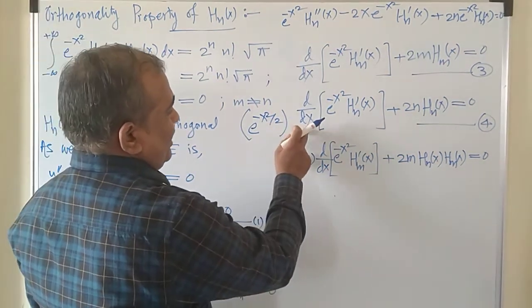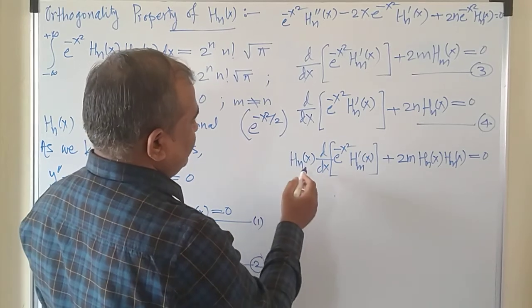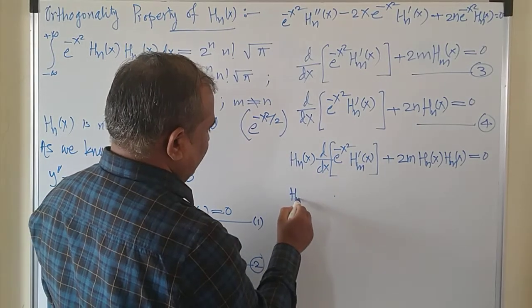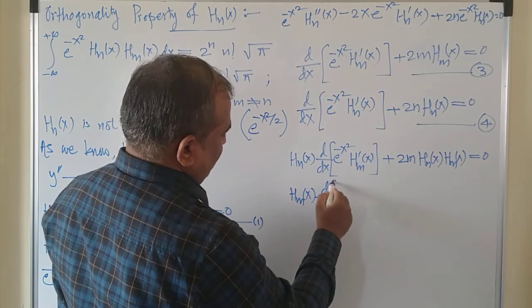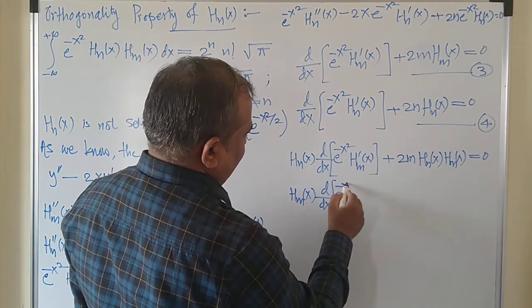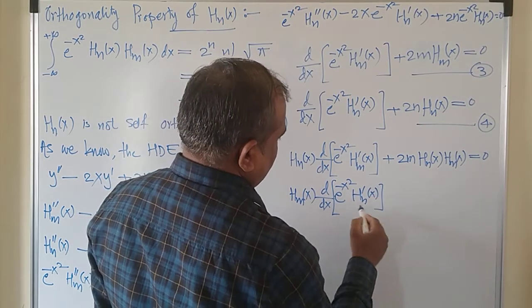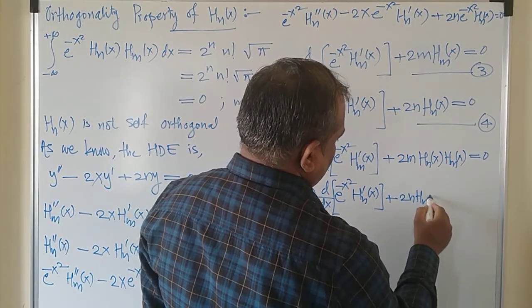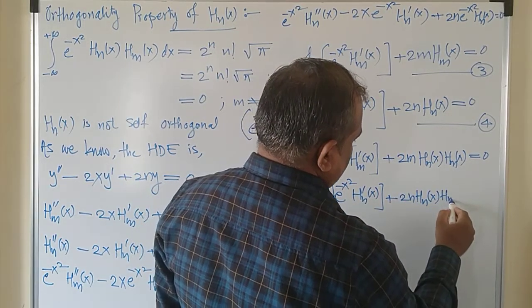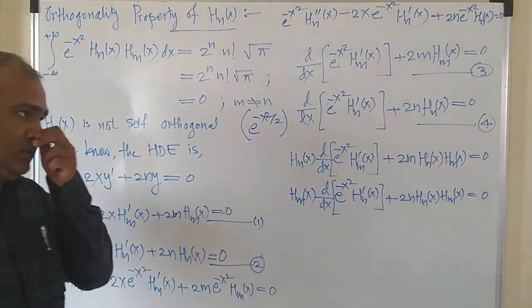Similarly, we are multiplying equation number 4 by Hm of x, and hence this will become Hm of x into d/dx of e raised to minus x square Hn dash of x plus 2n Hn of x into Hm of x, and this is equal to 0, right?